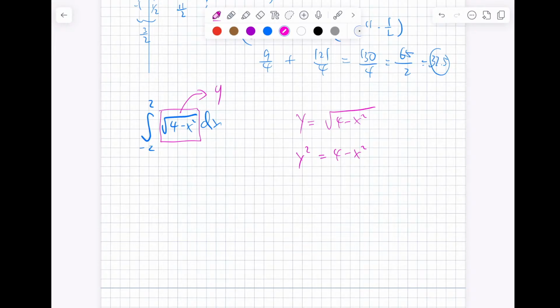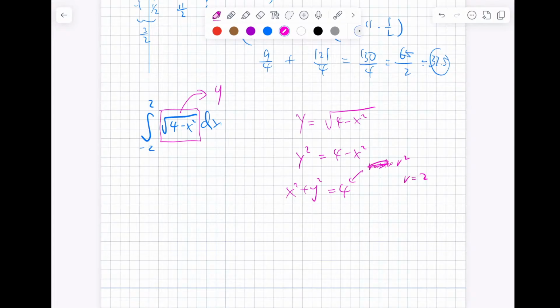And if I move x squared to the other side, it'll be x squared plus y squared equal to 4. So that tells me that this is a circle equation. If this is on the SAT, x squared and y squared present at the same time, and especially there's a plus between them, this is a circle with radius of 2, because this is r squared. So r must be equal to 2.